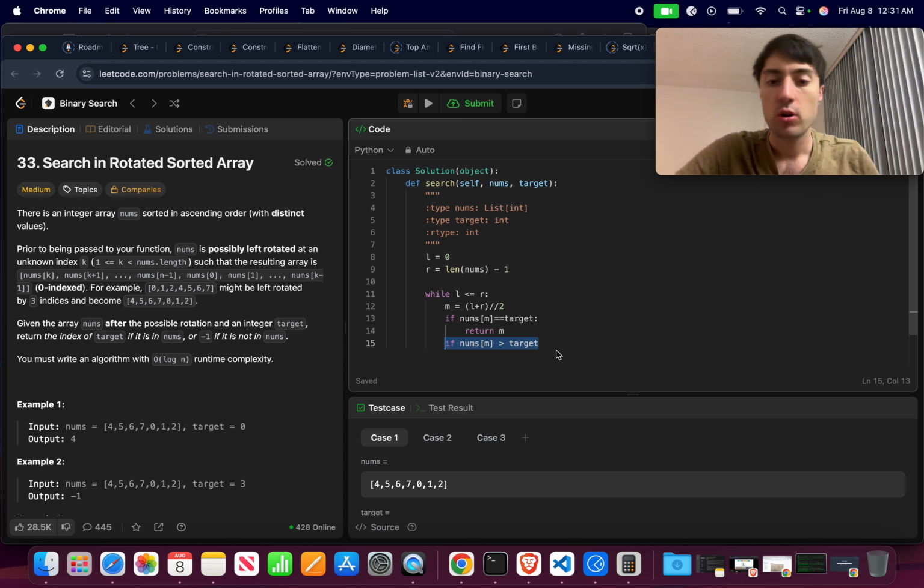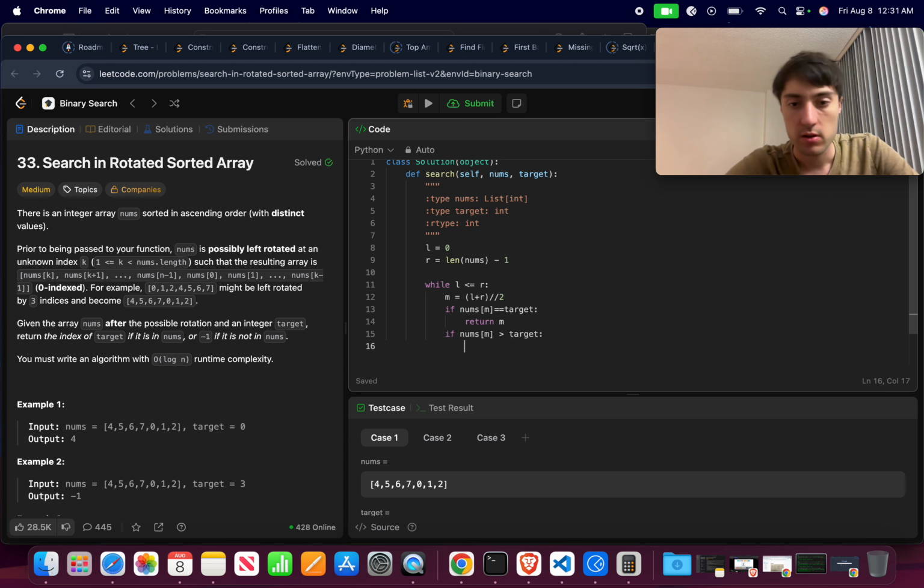Okay, so what would this mean? Nums of m, my midpoint, is greater than my target. So I want something smaller, right? So what am I throwing away? That's what I need to think about.